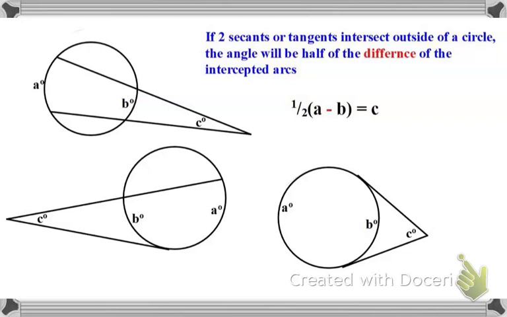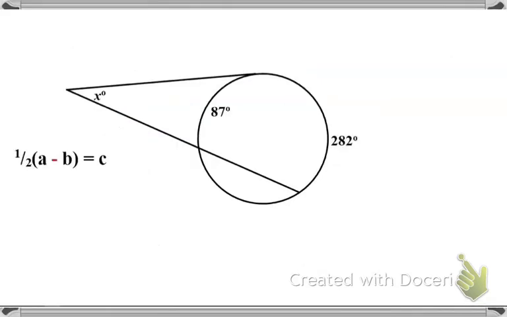All right, so here we go. Let's work out this one. We want to find the measure of the angle. We have the two arcs, so we're just going to plug it in. So 1/2 the difference of the arcs.